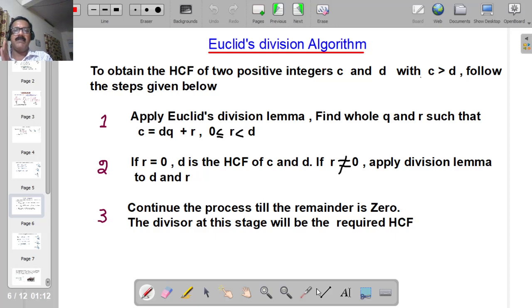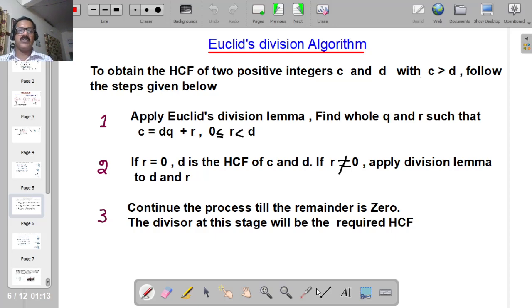Evidently r is a number varying from 0 to d minus 1. r can be any number from 0 to d minus 1. So c is expressed as d times q plus r, where q is the quotient we got when we divide c by d and r is the remainder.